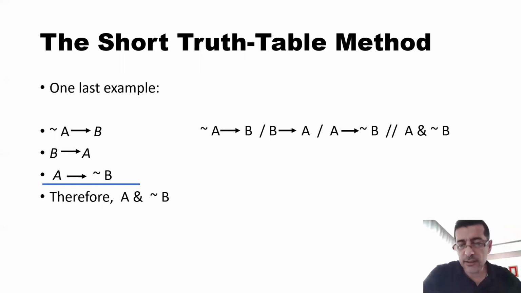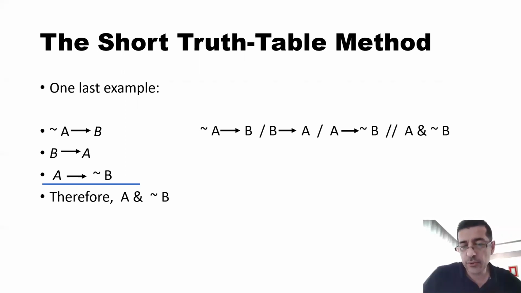Now, let's do this together. Again, we are trying to see whether this argument is valid or not. And remember that if any line can lead to contradiction, then we say that the argument is invalid. And this is what we hope, because that's how we play this game. So now what do I have to do here?